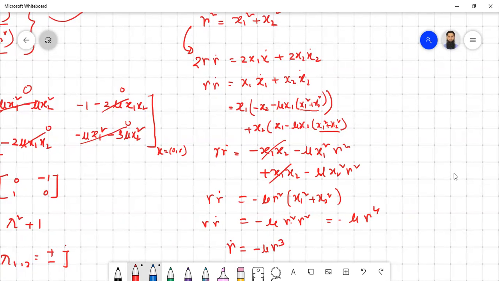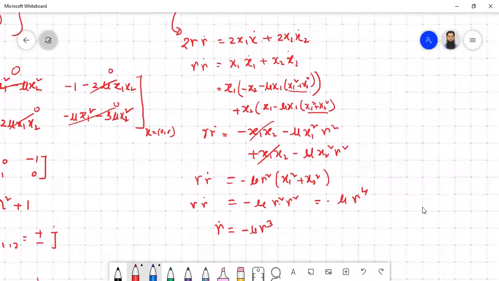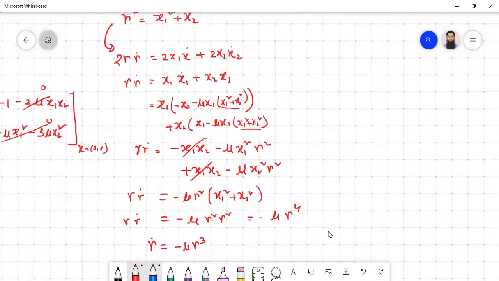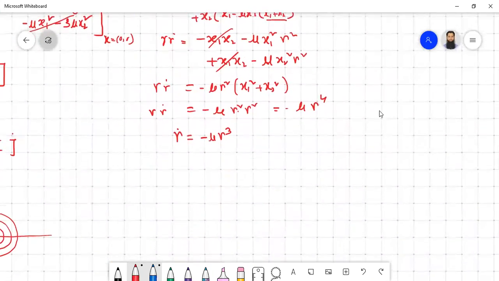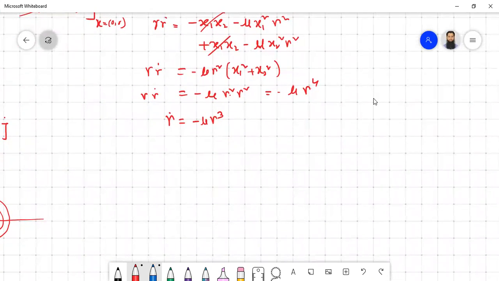Okay, so this equation is enough for us to figure out what is happening. You can also go for the value of theta dot, but I'm not doing it because in some other example I'll be doing it.